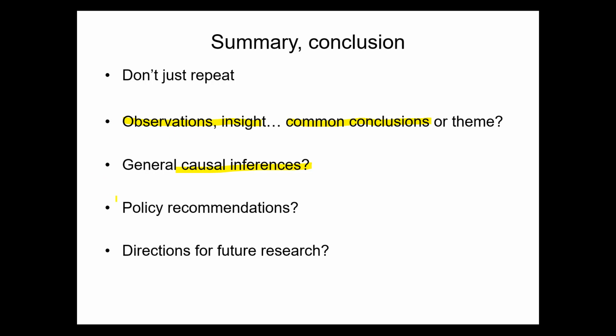Or are there any particular policy recommendations that have been made that you could perhaps tie together as far as what might be a common goal in order to try to alleviate the social costs of this particular problem, this particular issue? Are there some possible directions for future research that might be worth undertaking based on what you've already learned from these sources thus far?